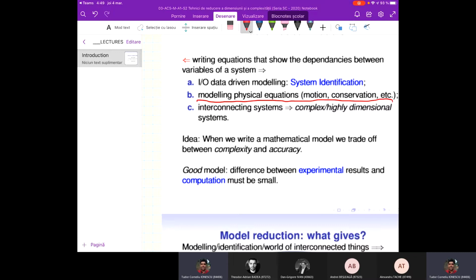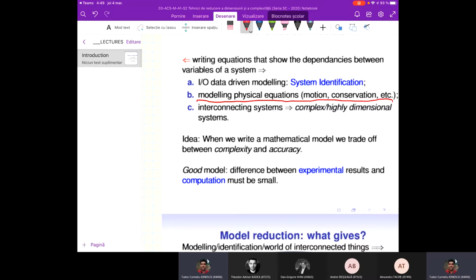They are not exactly the same thing. The idea is that even if you have a low number of equations, you can still have a complex model in the nonlinear setting. Nonlinear systems are quite tricky about this.